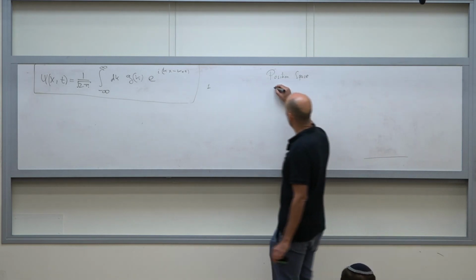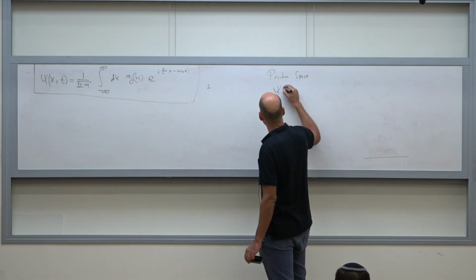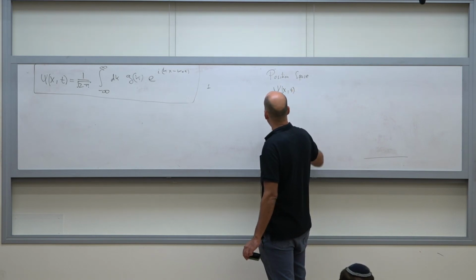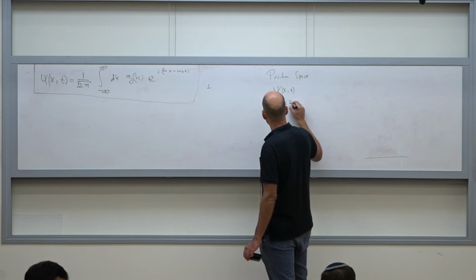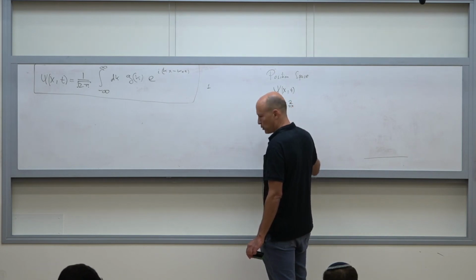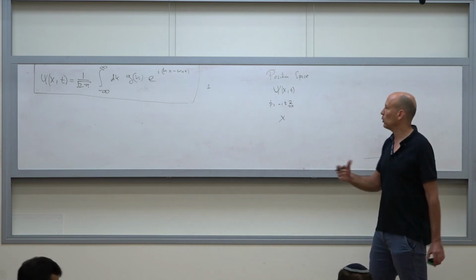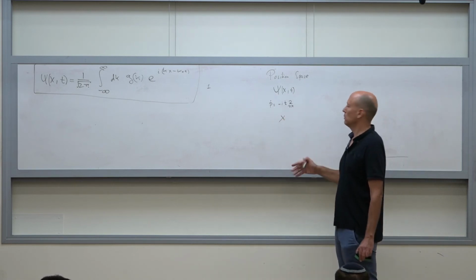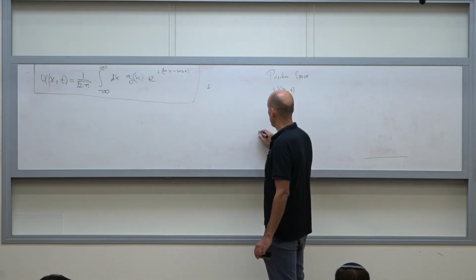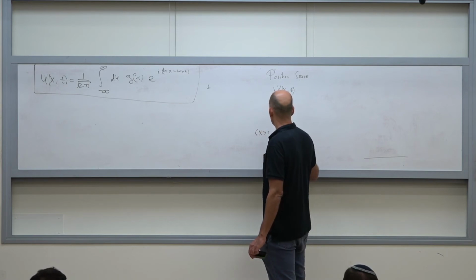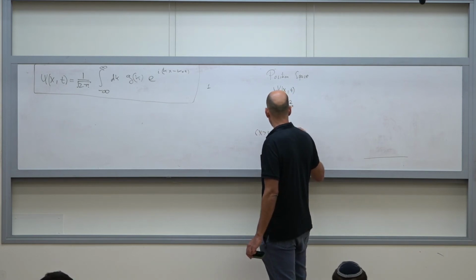Then you have some wave function that we will denote psi of x and t. Then you have an operator of momentum, which is minus i h bar d over dx, and the position operator is x itself. If I want to calculate an average, I take, for example, the average of x as the integral of psi star x psi dx.